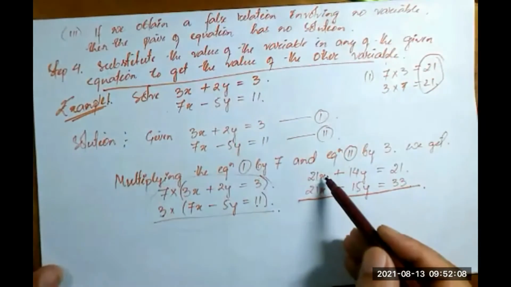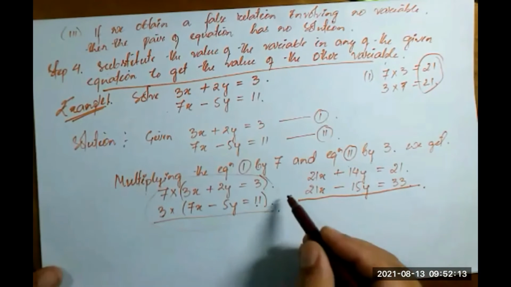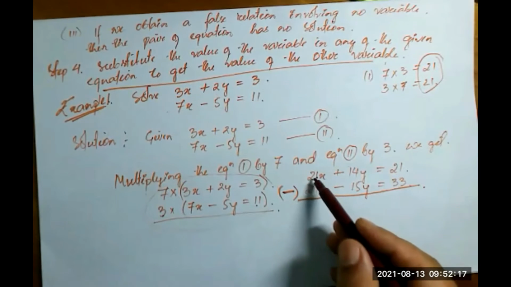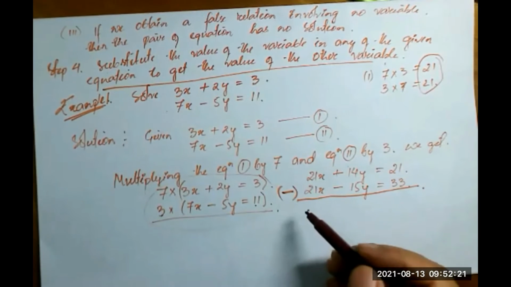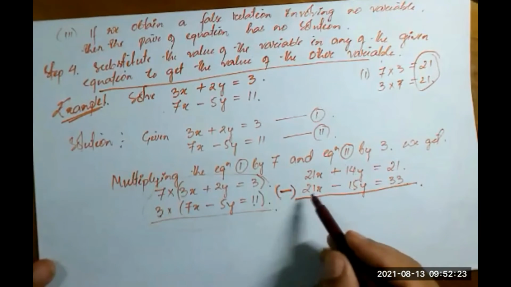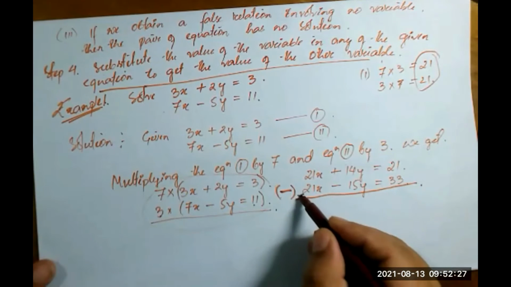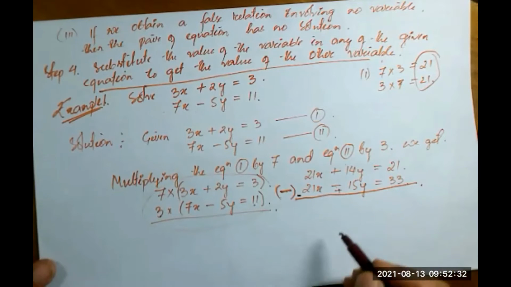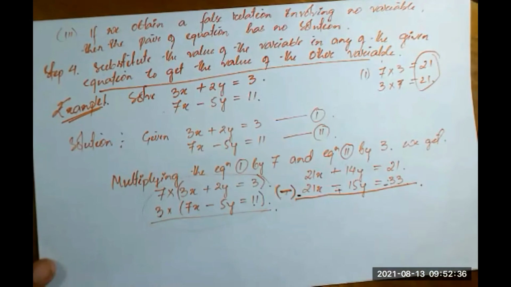So since the x terms are both 21, there's 21, right? So now subtract it. If you subtract it, then you can cancel it, right? Minus common for every term of equation 2. Then this becomes minus, and minus minus becomes plus, minus plus minus.